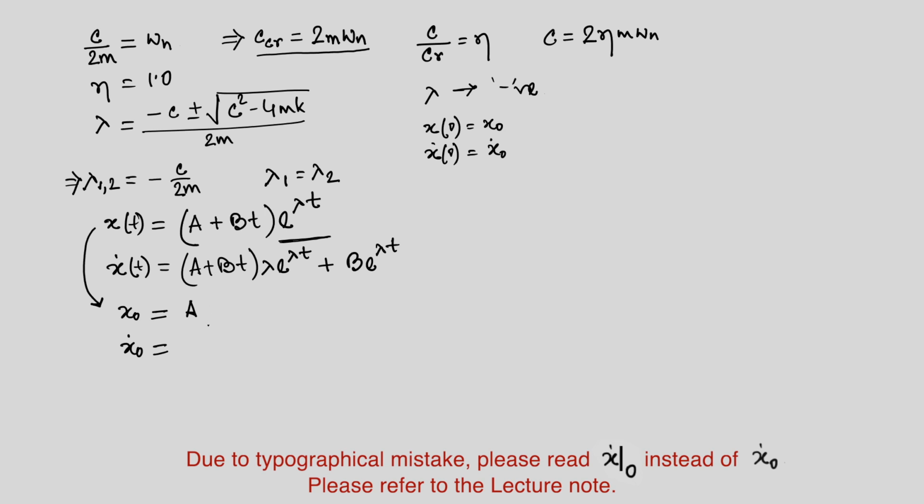Then on the right hand side we have A, B t will vanish, times lambda plus B. So, this is equal to, A is x naught, so we have x naught lambda plus B. That means, B is equal to x naught dot minus x naught lambda.